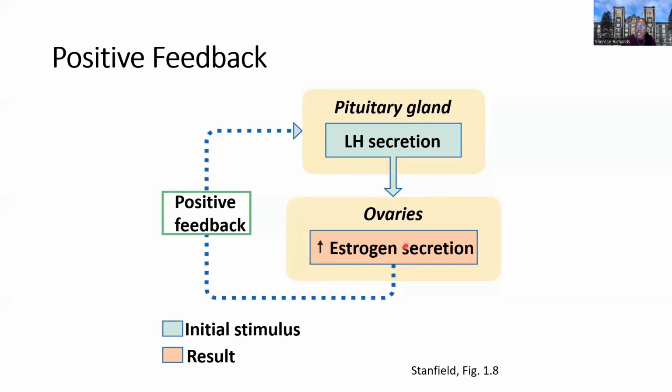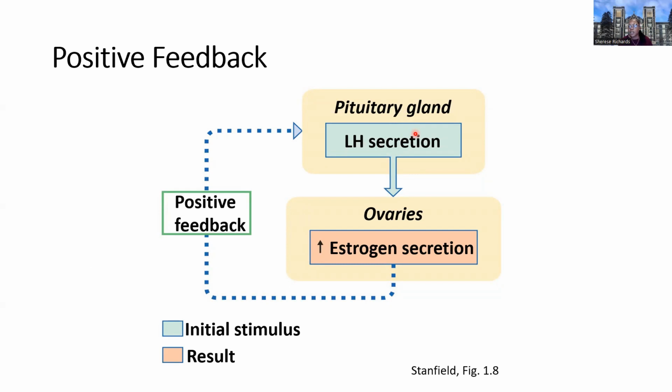In the days leading up to ovulation, this would otherwise normally be a negative feedback loop, so estrogen would actually turn off luteinizing hormone secretion. But in order to have the LH surge, or that rapid increase in luteinizing hormone that is necessary for ovulation, there is a short window of time before ovulation where this is converted into a positive feedback loop, and high levels of estrogen actually further increase, or amplify, levels of luteinizing hormone.